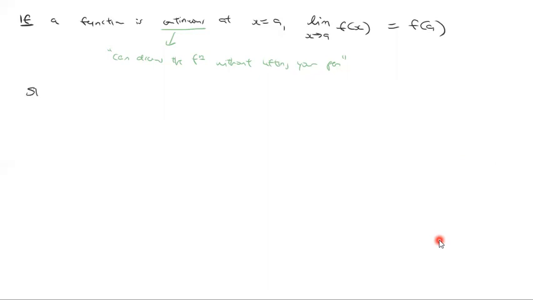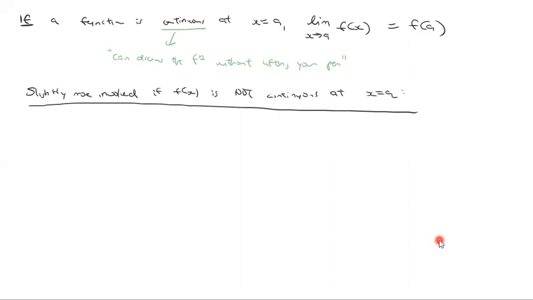It's slightly more involved if the function is not continuous at x equals a, and you're trying to find its limit. I won't really bother about the ones where you just sub it in, because I think you can deal with that.